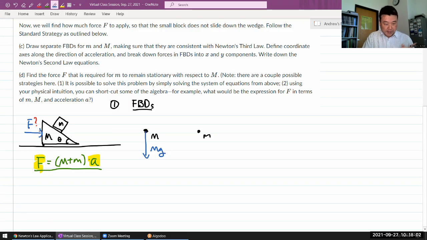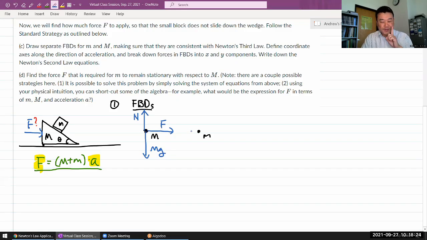Well, I need to apply the force F, and I do know the ramp is not accelerating in this diagonal direction. So for the ramp to accelerate horizontally, there must be a normal force. And you might think you drew all the forces here.